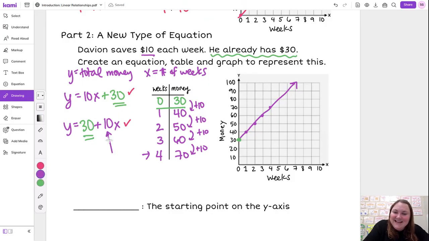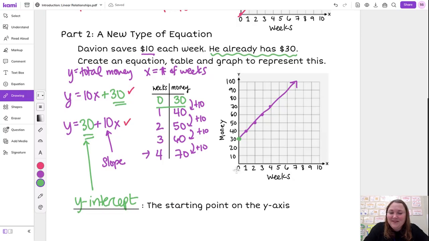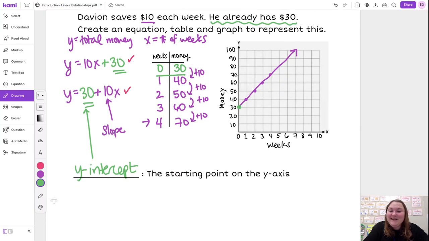Before we said 10 has a name, 10 is the slope. The name for that 30 right there, we call it your y-intercept. Y-intercept because it's the number where our line crosses or intercepts our y-axis. And so that's going to be the big difference we see in our equations in this lesson.